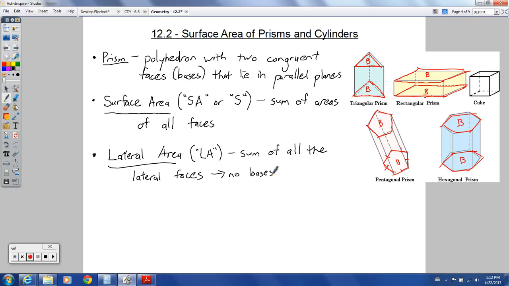So here with this triangular prism, back to what we were talking about, the lateral area would be everything but this one and this one. It would be this rectangle out in front, the one kind of to the back right, and the one to the back left. You would add those three rectangles together, but not the areas of those bases. Now let's check out theorem 12.2 from this point.